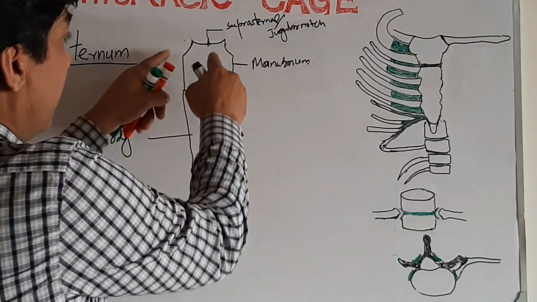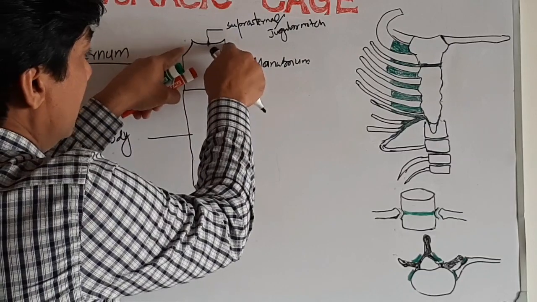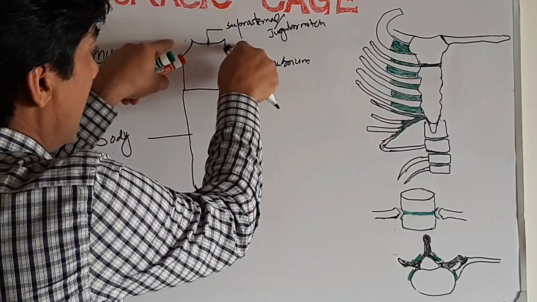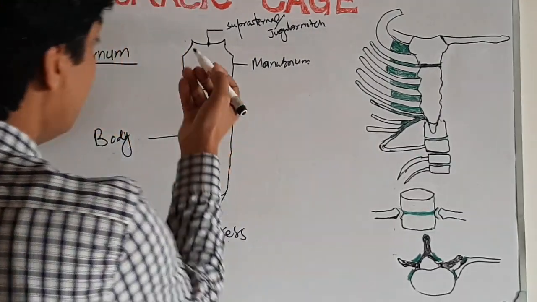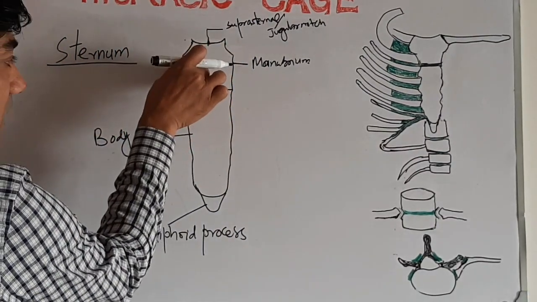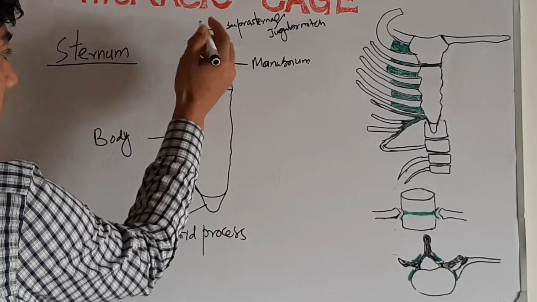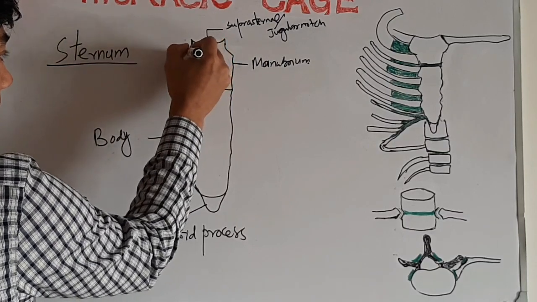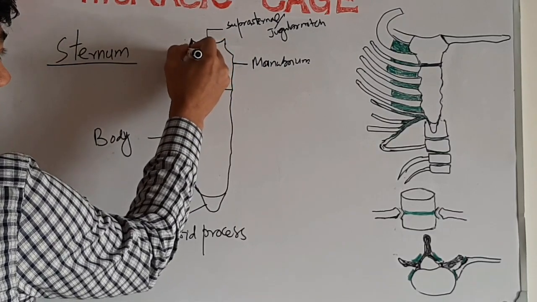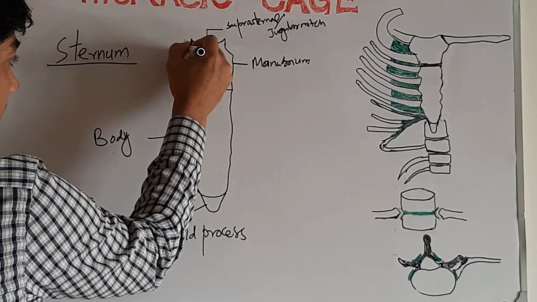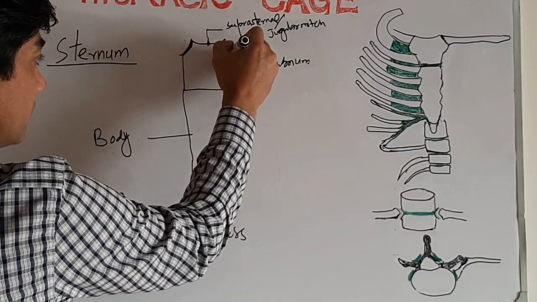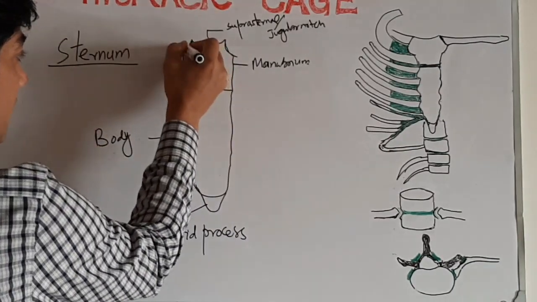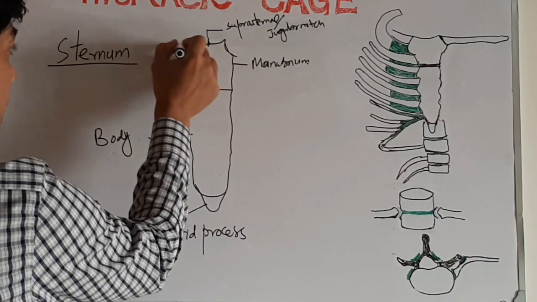There is a left and right of the suprasternal notch. There is an articulation of the clavicular bone. The clavicle, the collar bone, connects at the manubrium of the sternum and provides the attachment of the clavicle, also called the sternoclavicular joint bilaterally.